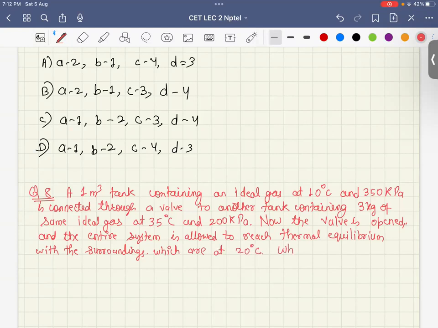What we are asked is what is the volume of the second tank.